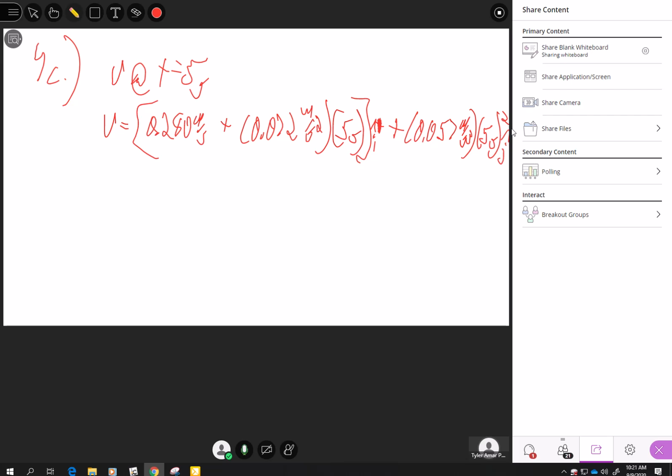So what you should get then for the x part, Vx, is going to be 0.64. And Vy is going to be 1.43.